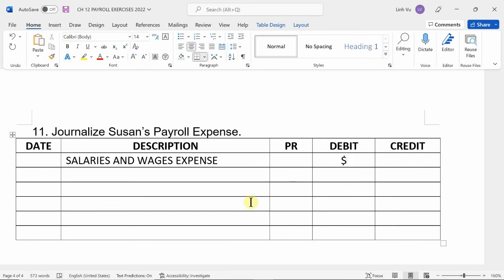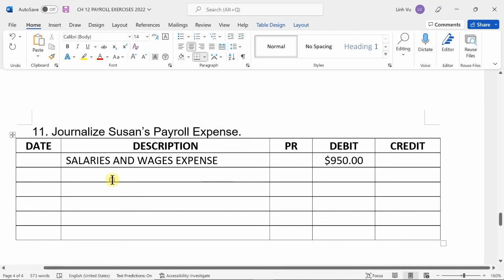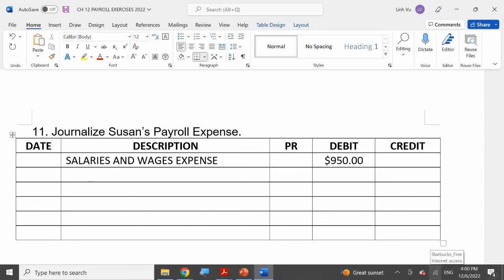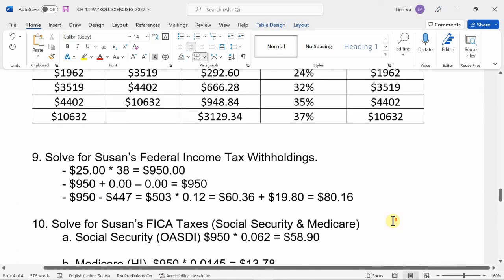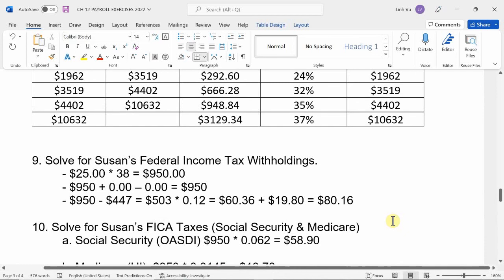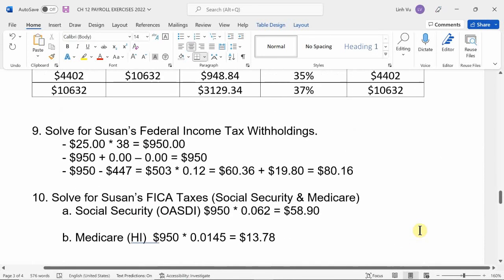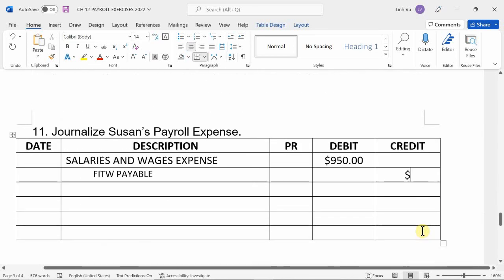The gross earnings, 950. Good. So the first thing we have to take away from her paycheck is the federal income tax withholdings. For how much? $80.16. Yes, good.